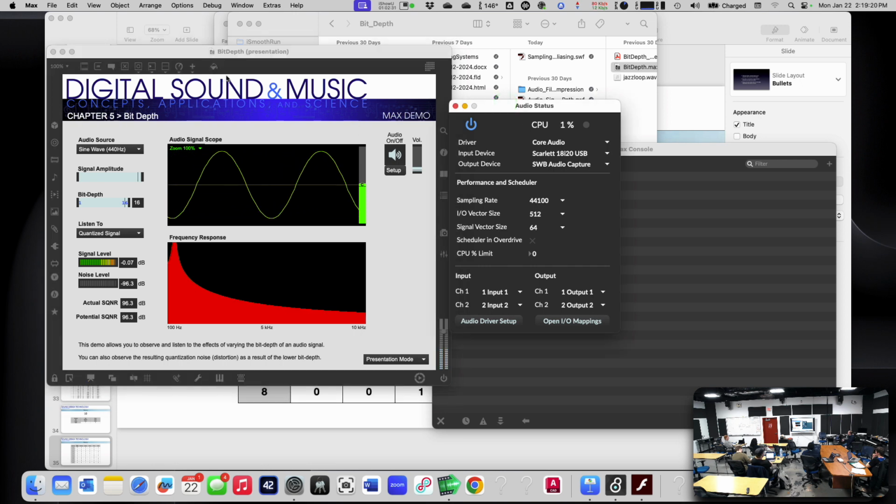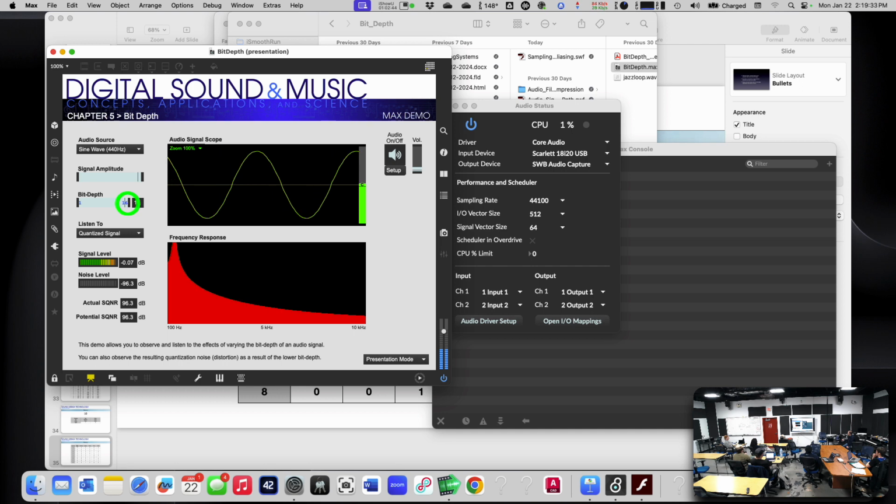And every one of those samples, 44,100 of them a second, are encoded using 16-bit numbers, because that's my bit depth right now. But what happens if I lower the bit depth? Well, it's going to have to start quantizing. So what if I go to 8 bits?